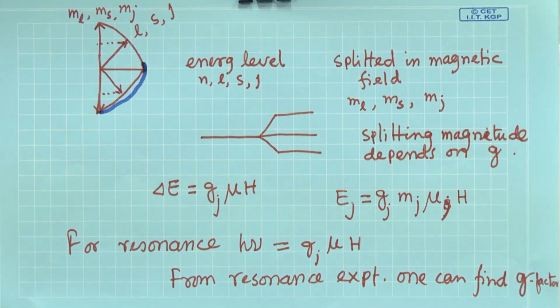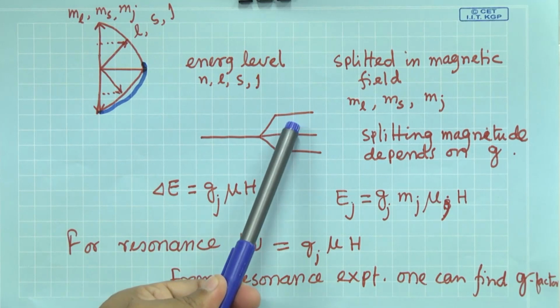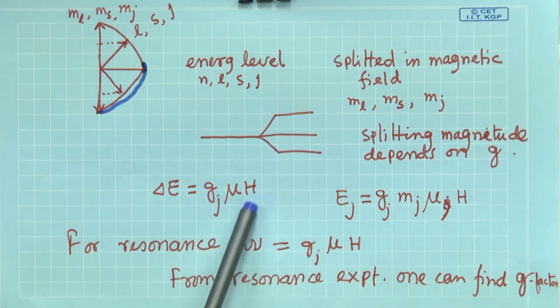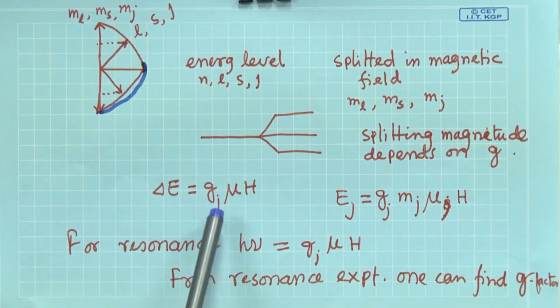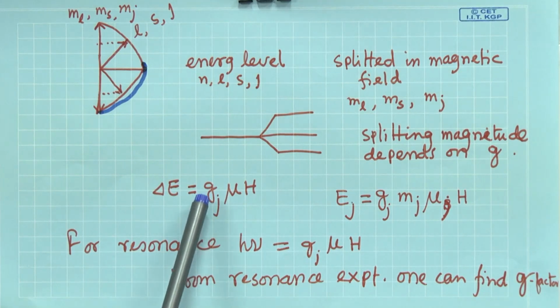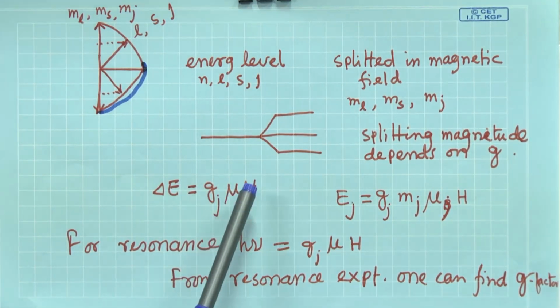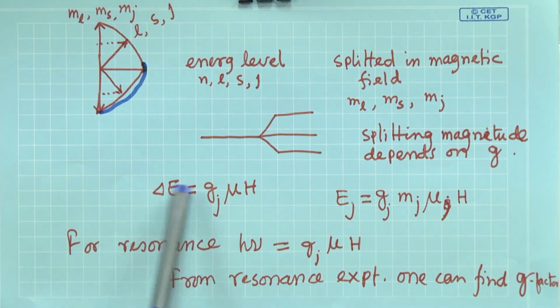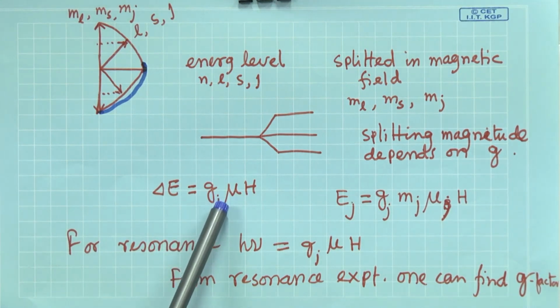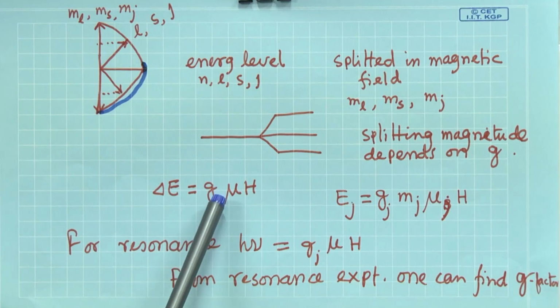So, that split energy is basically Gj mu H. What is Gj? In general I am talking Gj. If you take one electron with only spin, then it will be Gs.